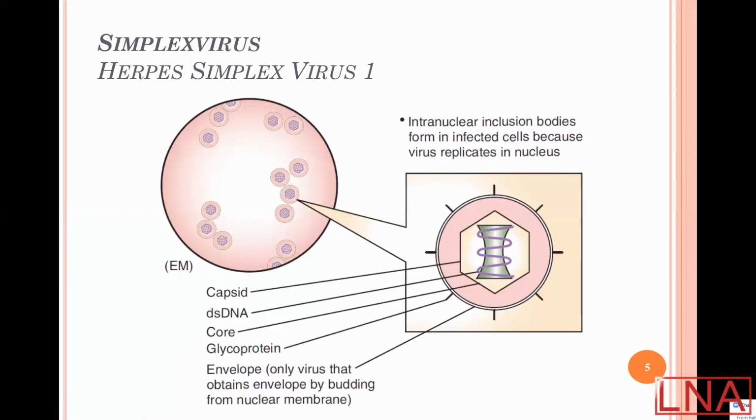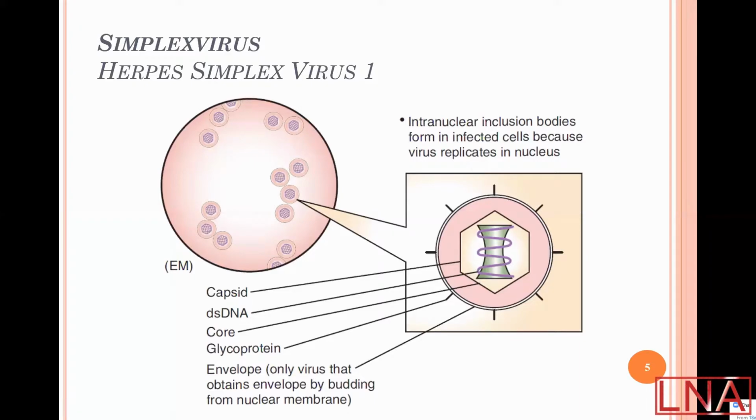Once again, how it looks like. Icosahedral capsid, which includes double-stranded DNA, surrounded by glycoproteins, which we call supercapsid, and it's the only virus that obtains its envelope by budding from the nuclear membrane. As you remember, viruses with an envelope usually take a part of the membrane during the replication cycle.